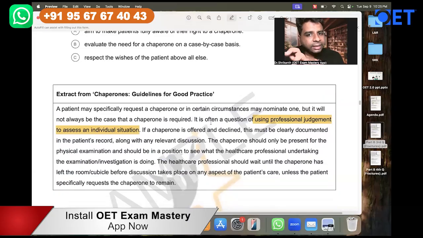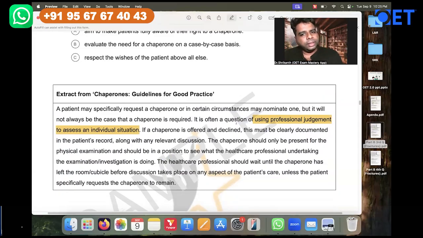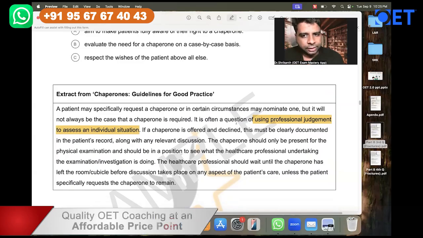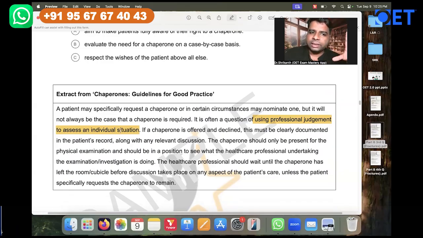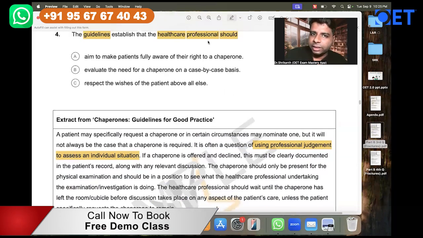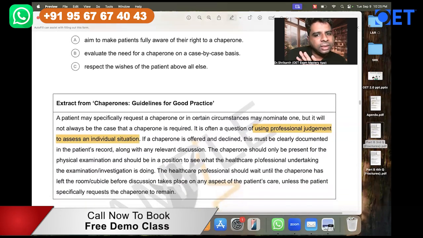Here the guideline is telling the healthcare professional they must use their professional judgment. That means they have to use their intelligence to assess an individual situation. So this is an expectation, right? So that sentence is important.